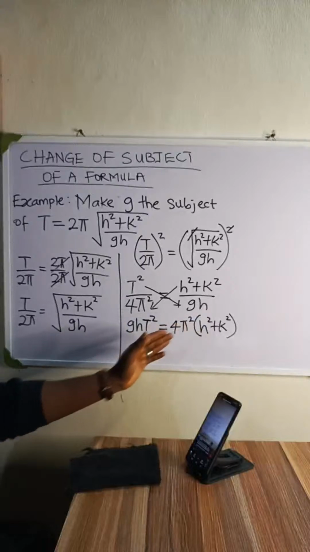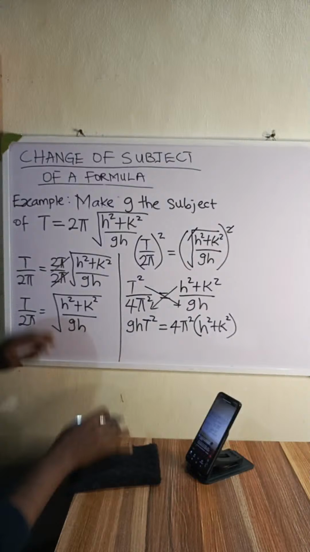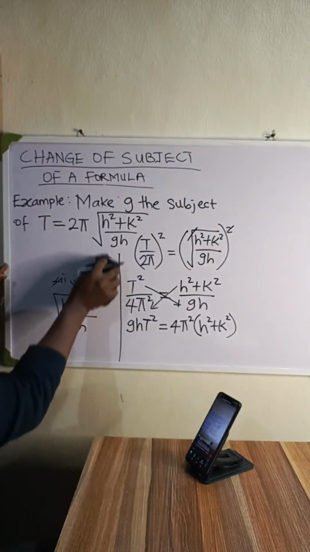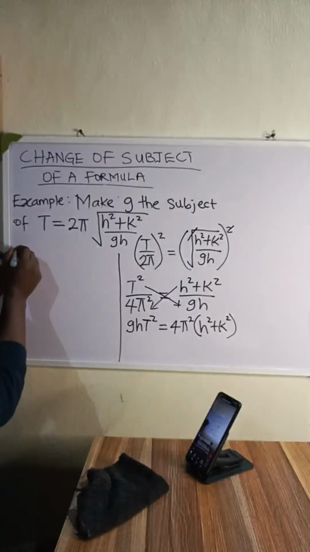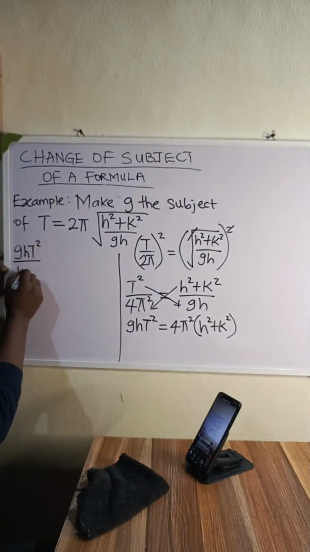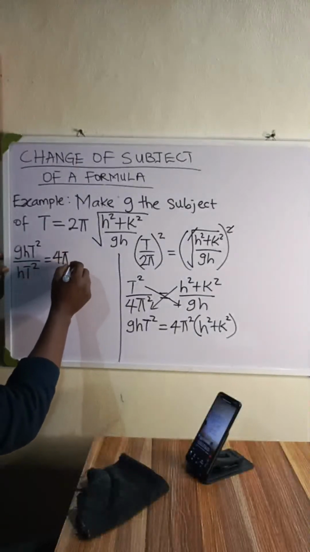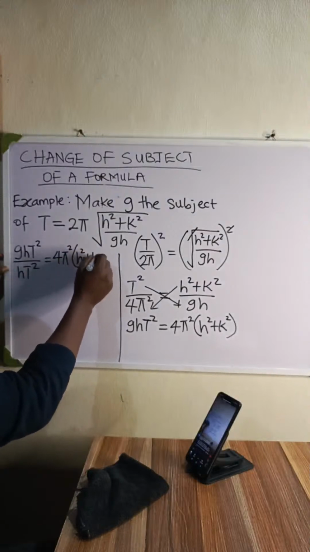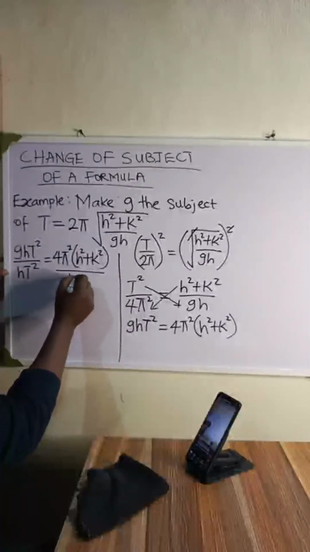And remember, we're going to divide both sides like that. So we're going to have g ht squared all over ht squared is equal to 4 pi squared (h squared plus k squared) all over ht squared.